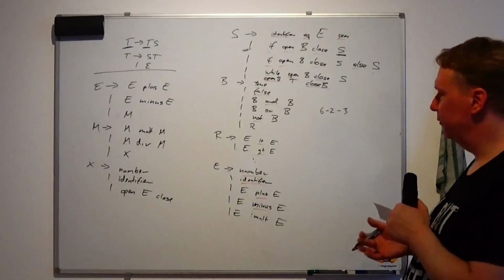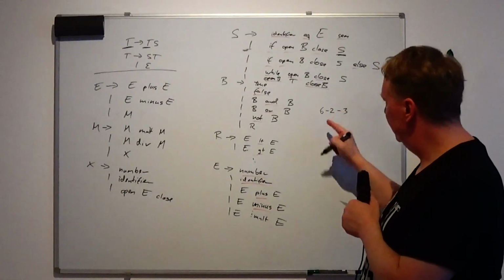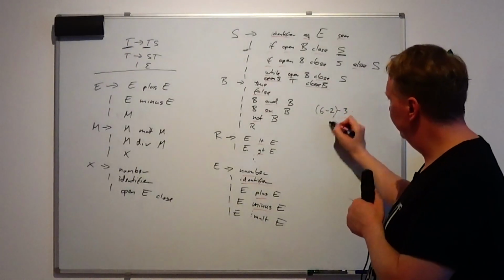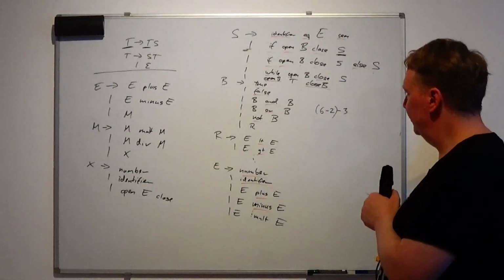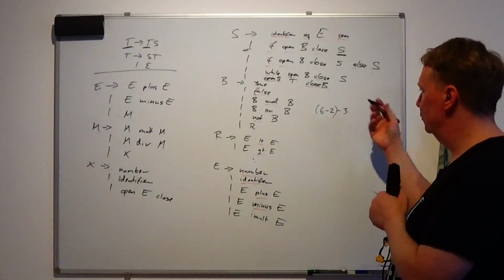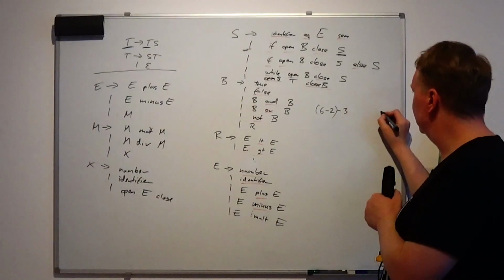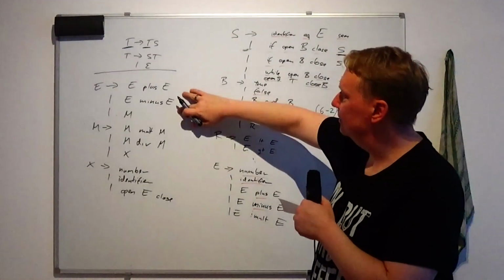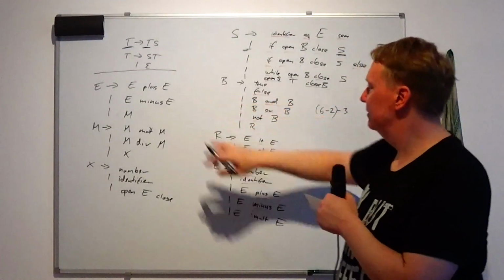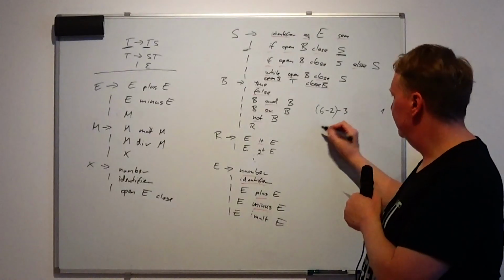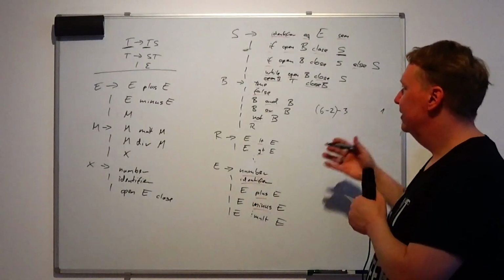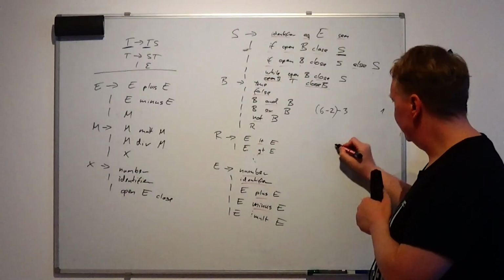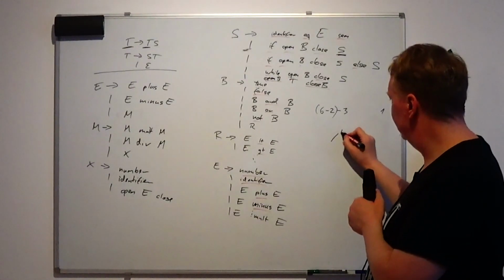Normally, programming languages are left associative, so this should be interpreted as 6 minus 2 is 4, minus 3 is 1. But if your grammar looks like this, then your grammar is free to parse it like this.